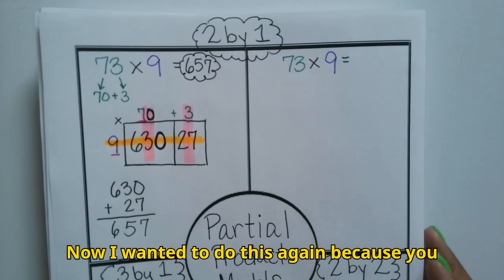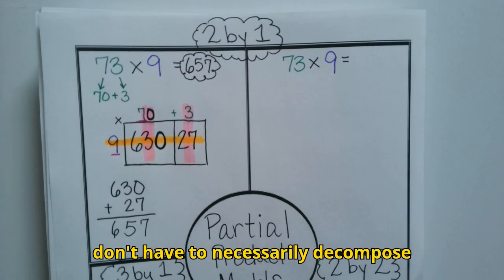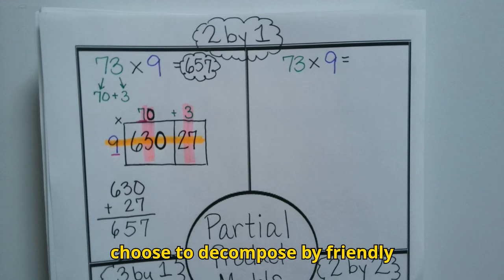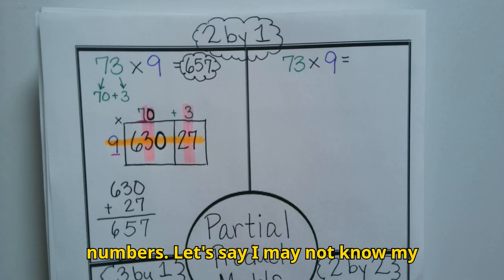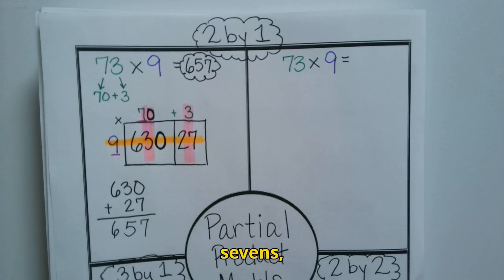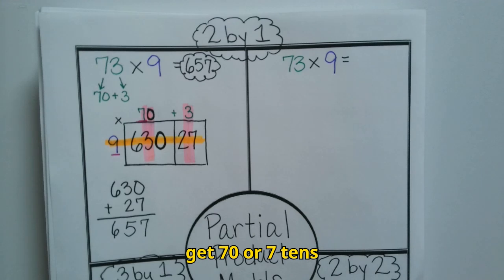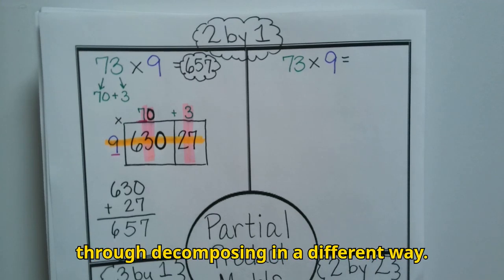Now, I wanted to do this again because you don't have to necessarily decompose just by tens and ones. You can also choose to decompose by friendly numbers. Let's say I may not know my 7s, but I know another way that I can still get 70 or 7 tens through decomposing in a different way.